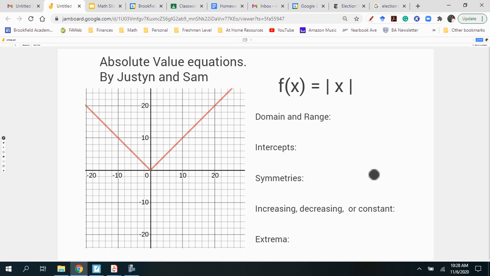The only intercept will be 0 because that's the only time the function is 0. It's an even function, so there will be y-axis symmetry, and it's decreasing from negative infinity to 0, and increasing from 0 to positive infinity, and the only extremum will be an absolute minimum at 0.